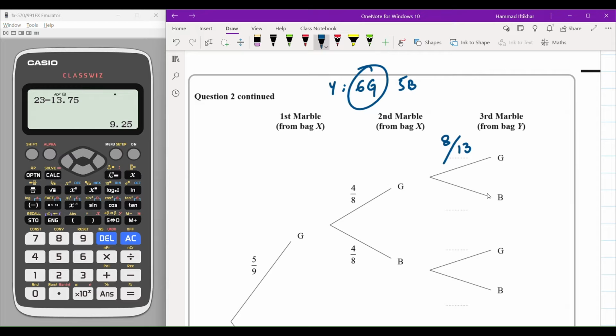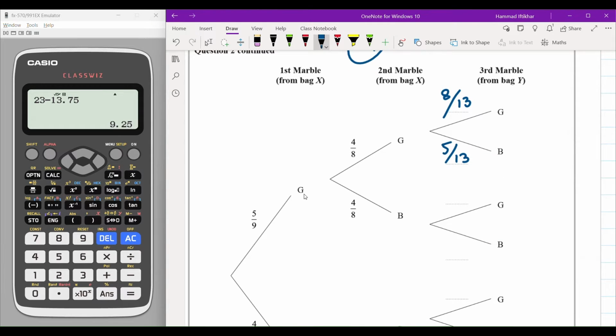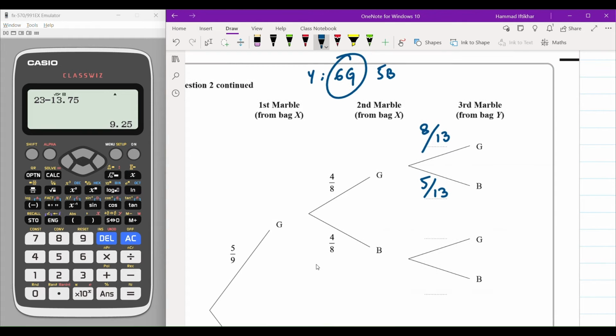Similarly, the blue balls remain the same because no blue balls were added, but the total number increases to 13. If a green ball was selected and then a blue ball was selected from bag X, that again means dividing by 13. The probability of getting a green ball is 7 over 13, and since one blue ball is added, that's 6 over 13.